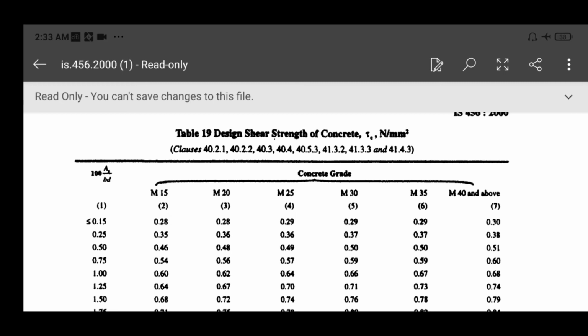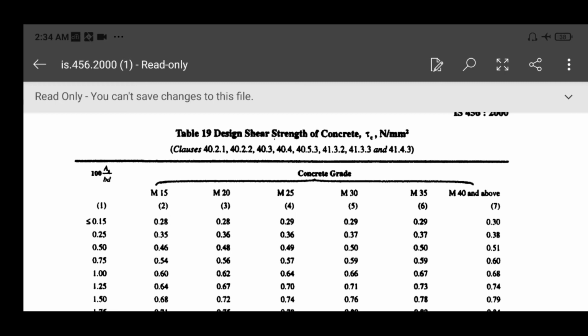Now in the left column 100 AST by BD, percentage of steel, 0.21 is not in the list, but 0.21 lies between 0.15 and 0.25. Now for M20 grade of concrete, if percentage of steel is 0.15, then the tau C value is 0.28, and for 0.25 the value is 0.36.